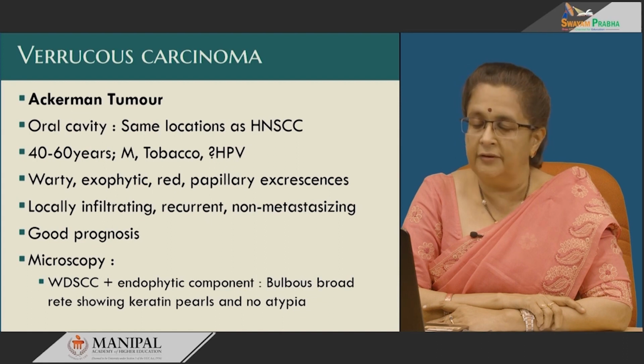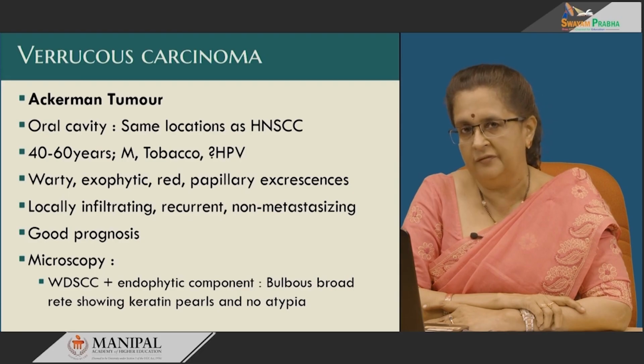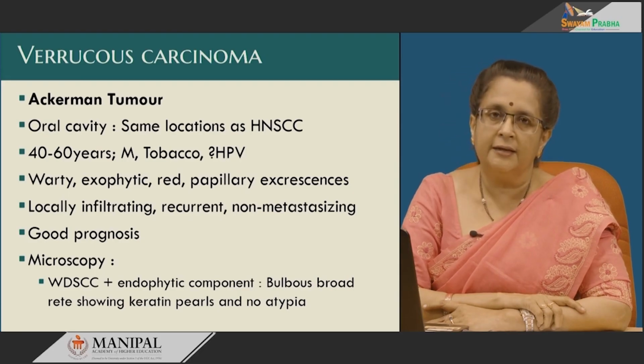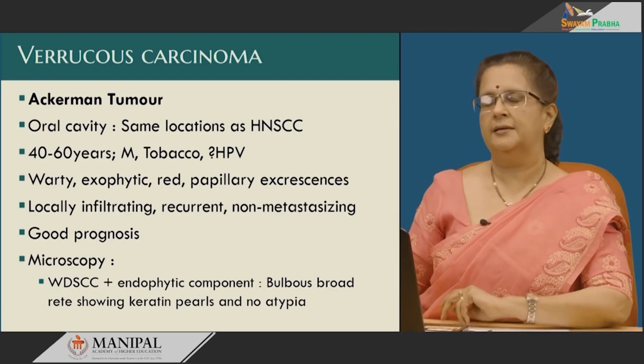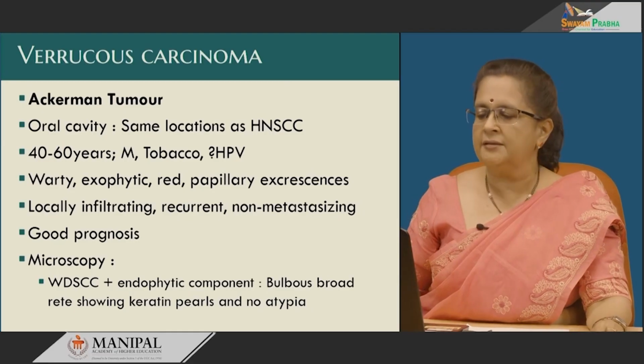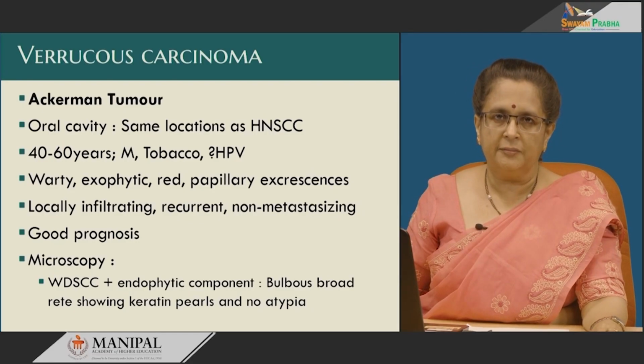So, this is very classical for verrucous carcinoma, and there is also a lymphocytic inflammation seen just below the expanding or infiltrating nest. Now, the margins of this is blunted and it is not irregular as is seen in classical well differentiated squamous cell carcinoma. So, this brings to conclusion the head and neck squamous cell carcinoma.